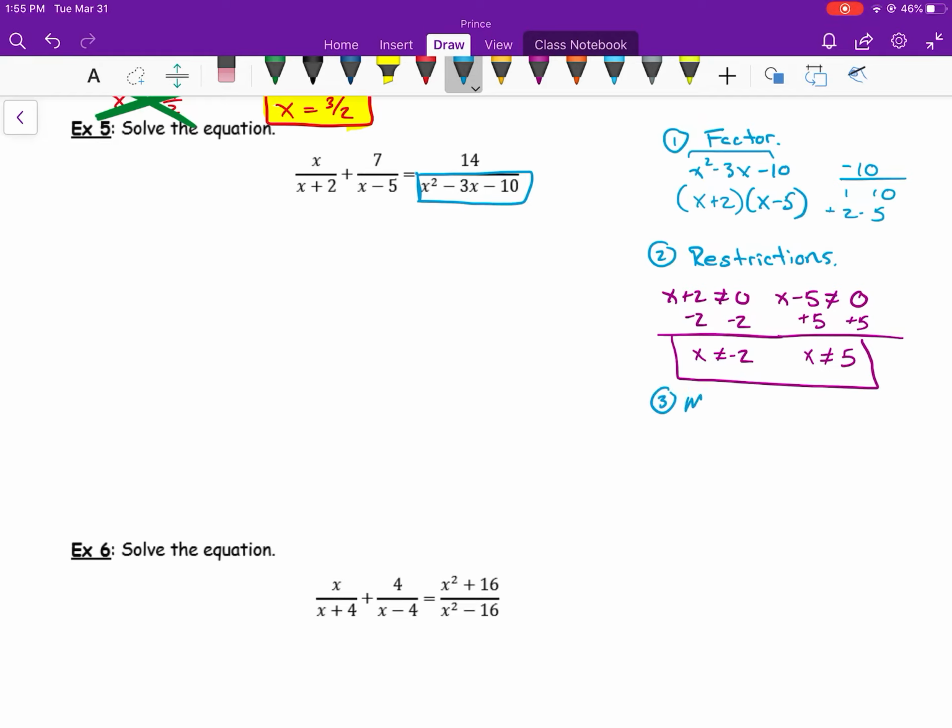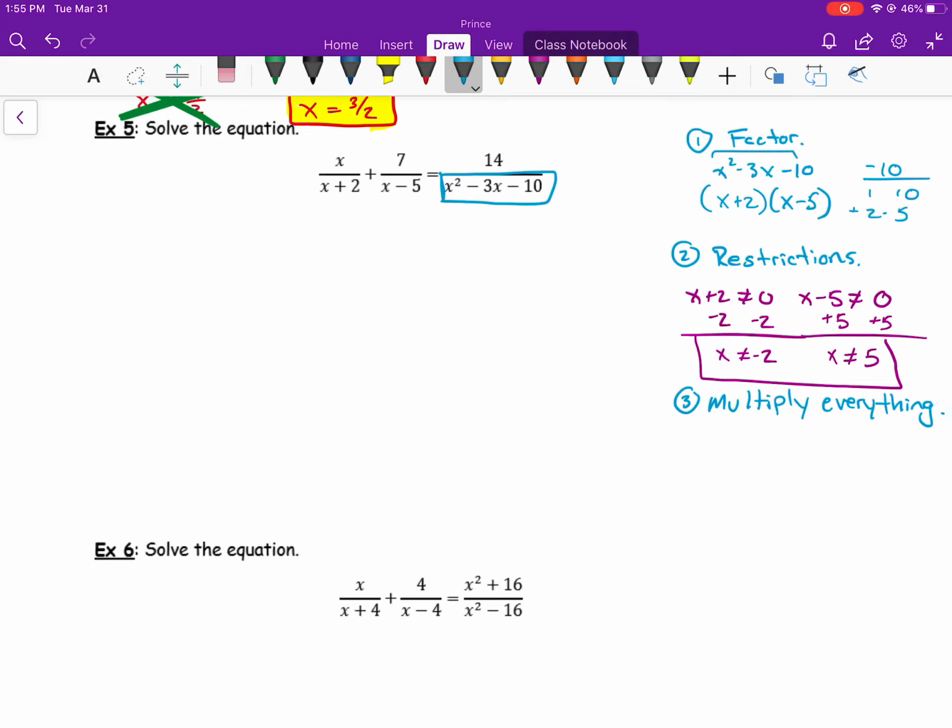So let's begin the process of multiplying everything. We get x over x plus 2 plus 7 over x minus 5 equals 14 divided by x plus 2 times x minus 5.